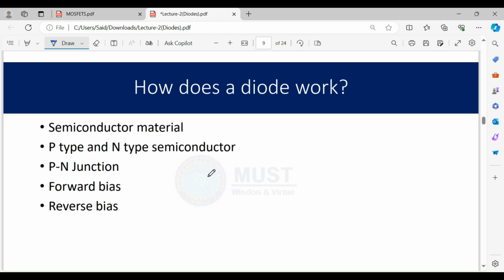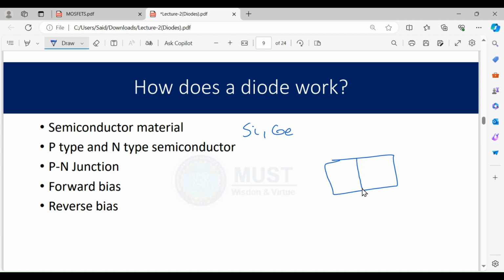Next, how does a diode work? This is clear now: this is a semiconductor material made up of silicon or germanium, and then we have p-type and n-type doping that make a junction. For example, this is our diode.